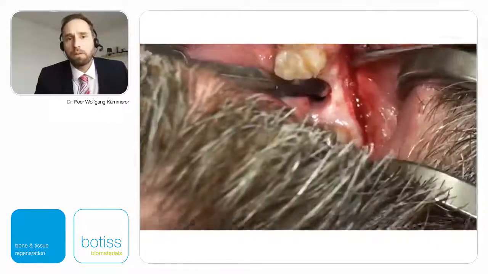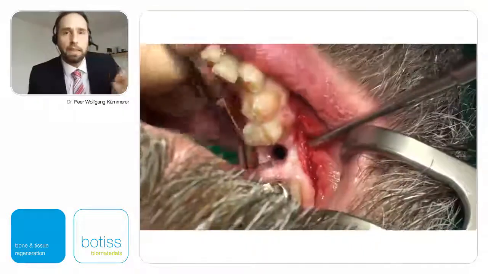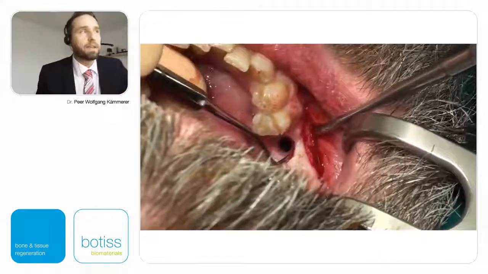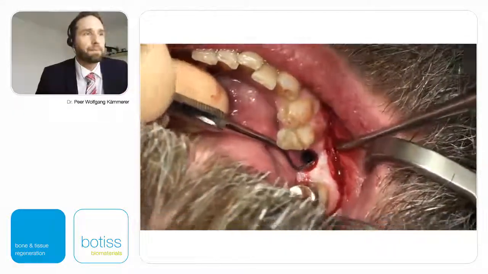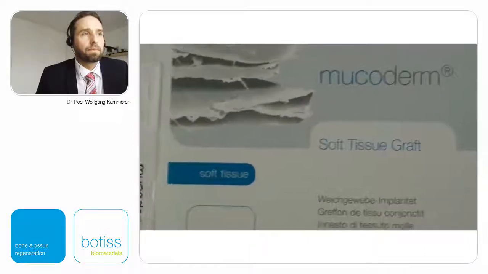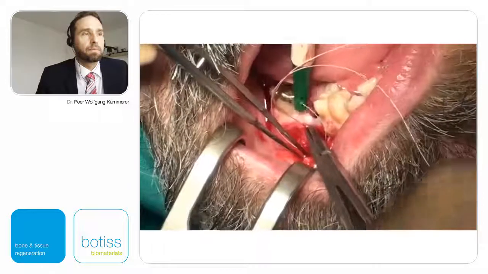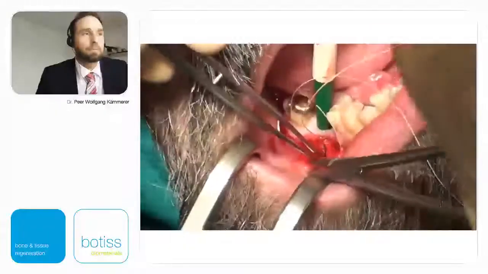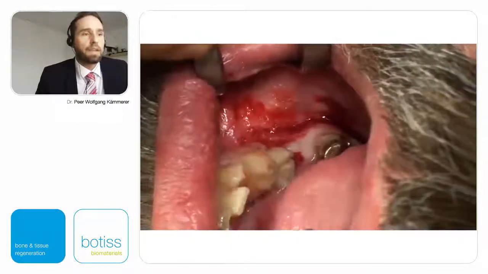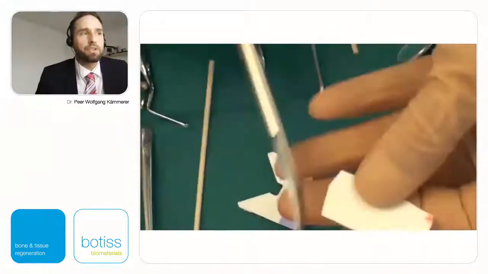In this case, we decided to mobilize the fixed gingival tissue a little bit so we could put the membrane through. You will see it later. This is the suturing of the gingival tissue to the periosteum.